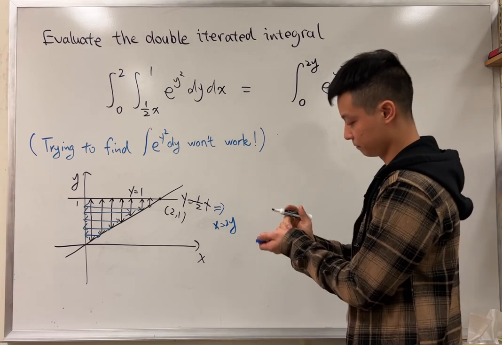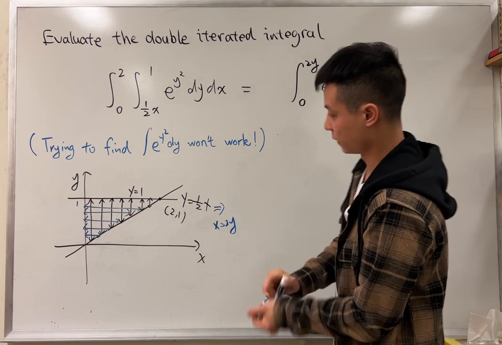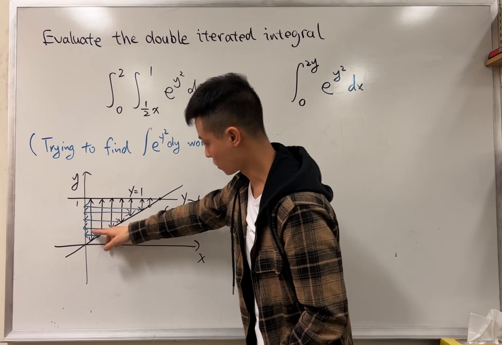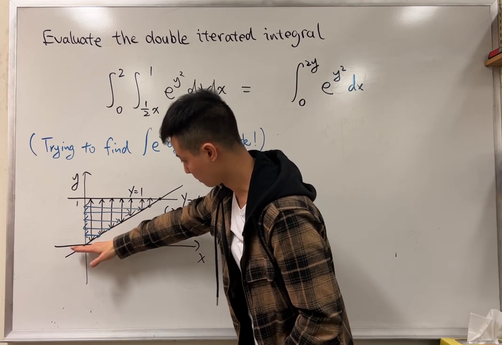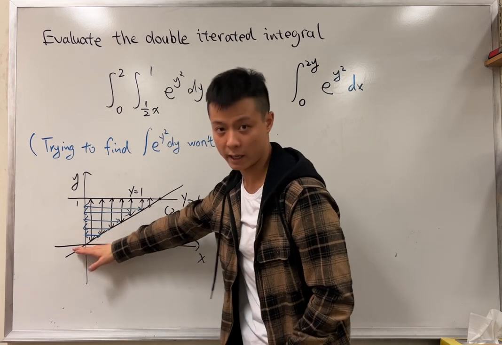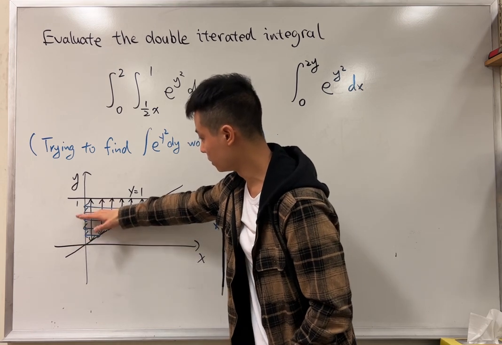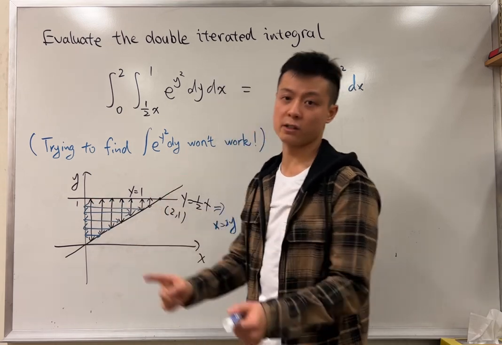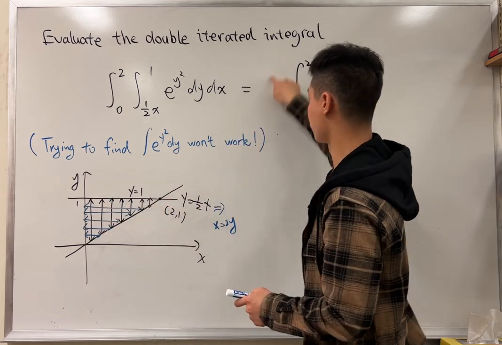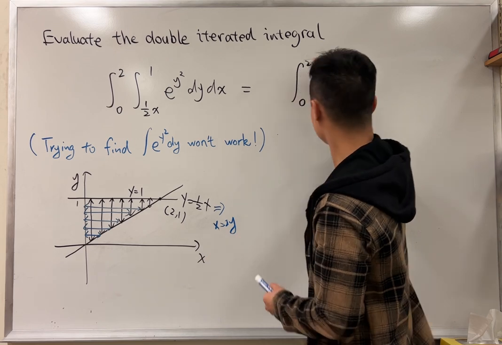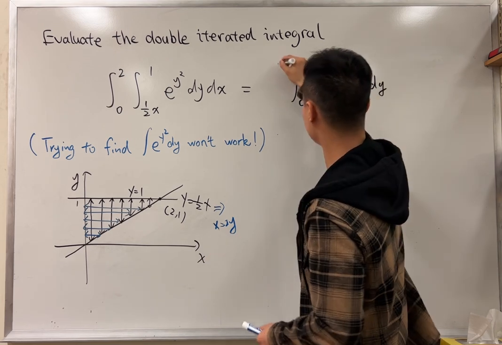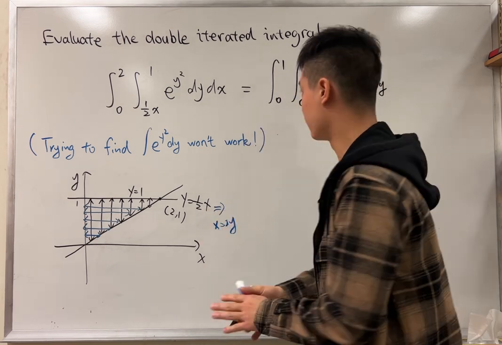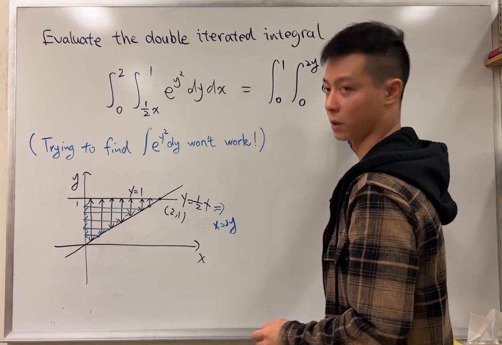The strip moves from the bottom, y equal to 0, all the way to the line y equal to 1, so that gives us the bounds for the outside integral, with respect to y, from 0 to 1. Now we have successfully switched the order of the integration.